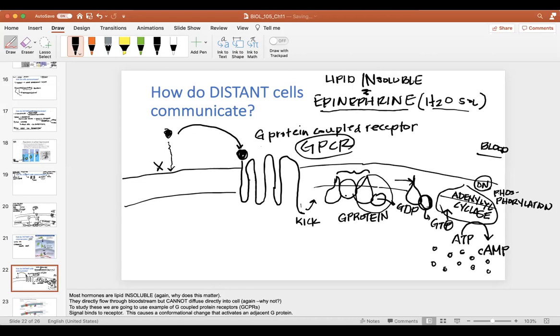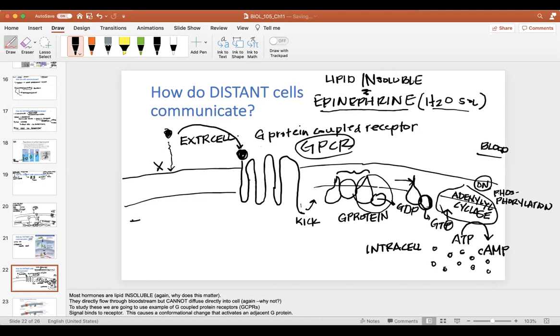What we've done is we have taken an extracellular signal, and so I'm going to write extracell, and we've turned it into an intracellular signal. So we've changed this signal from extracellular to intracellular.